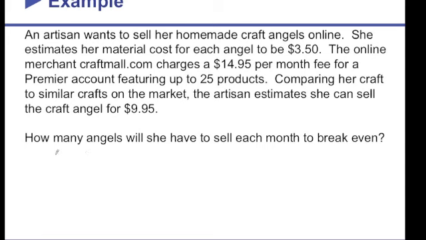Well, first let's go with her revenue. Her revenue will be the $9.95 times x. That's how much money she takes in, and she gets that amount for each angel she sells. Now, the costs each month, it costs her $3.50 to make each of those angels, so $3.50x plus the $14.95 that the website costs.